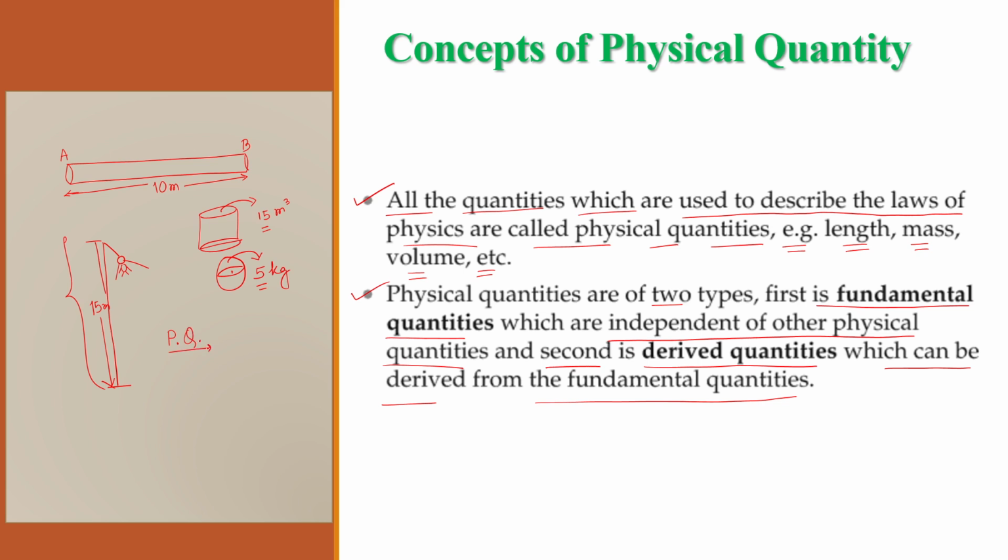First one is fundamental physical quantity, we can write FQ, and the second one is derived physical quantity. Derived quantity depends on fundamental physical quantity, but fundamental physical quantities are independent.